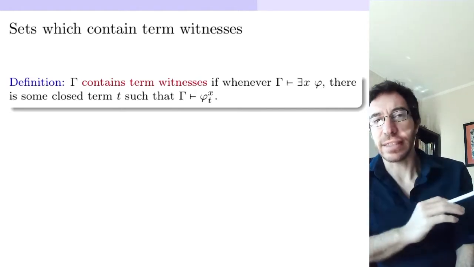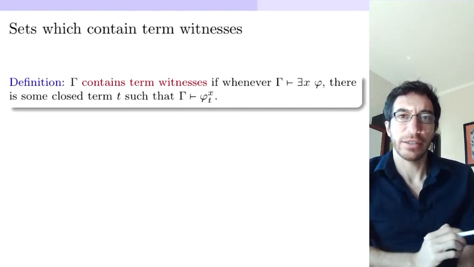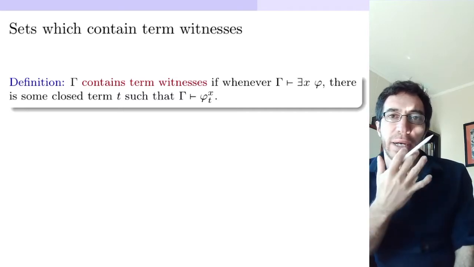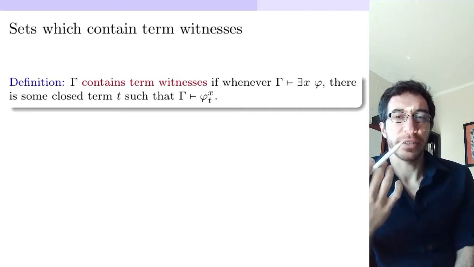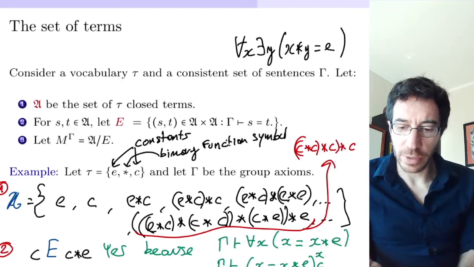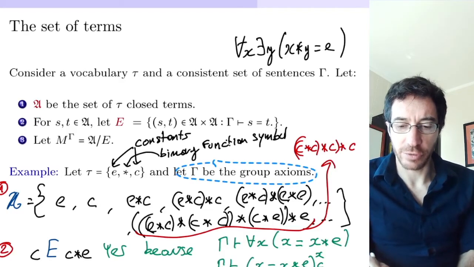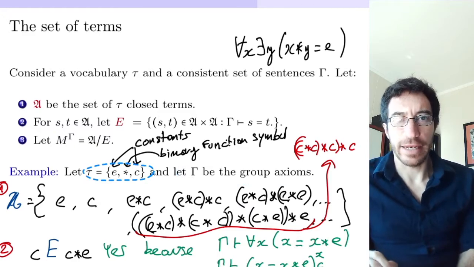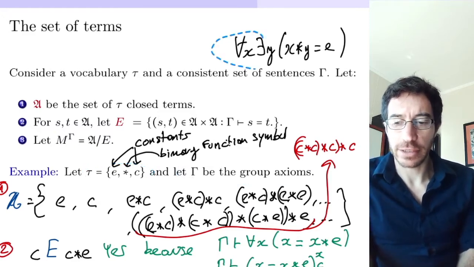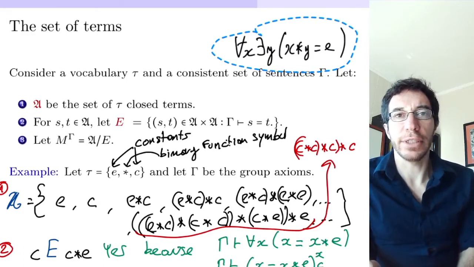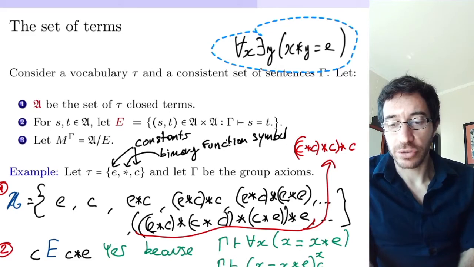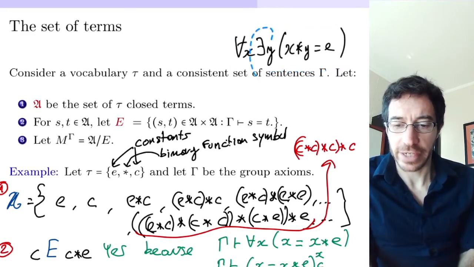And the example of the groups that we saw earlier is a good example where things fail when you add quantifiers. We had the group axioms, but we didn't have a term for the inverse. And even though we had the formula that says for every x there exists a y such that x star y is the identity, that formula did not hold in the term model, mostly because of this there exists.